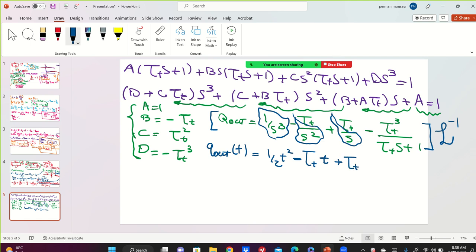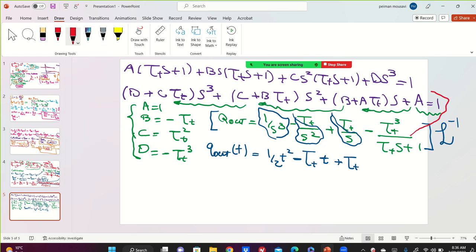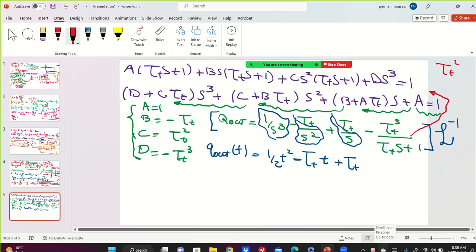And you can write this as, look here, guys, tau T squared in S plus 1 over tau T. So this is going to be the decaying term, that's right. It's going to be minus tau T cubed e to the minus t over tau T.